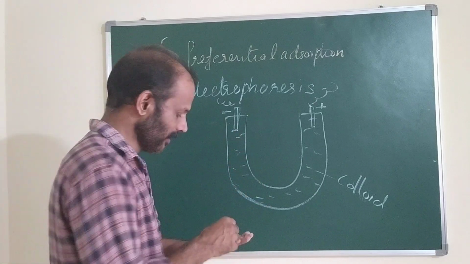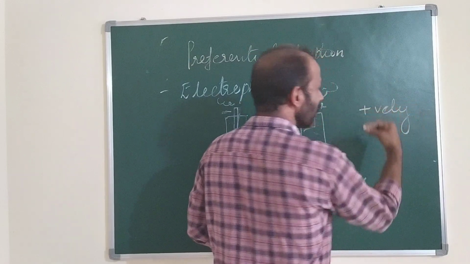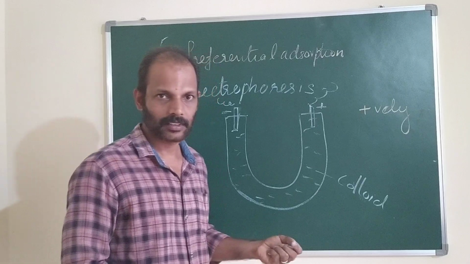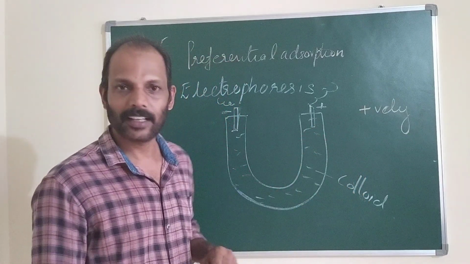Obviously, positively charged colloid will migrate towards the negatively charged electrode, and negatively charged colloid will move towards the positively charged electrode.